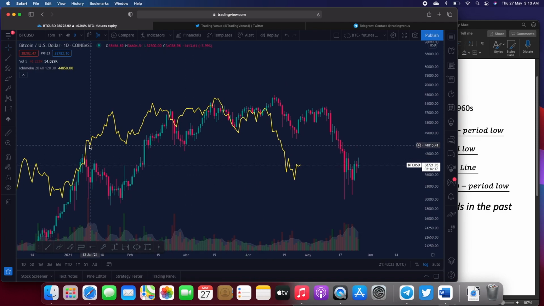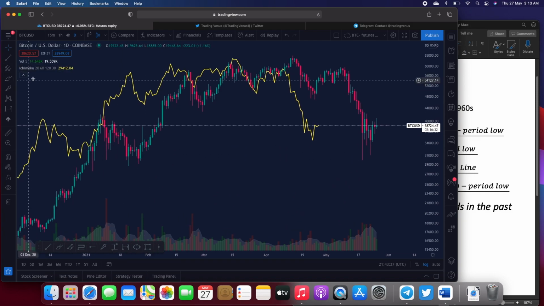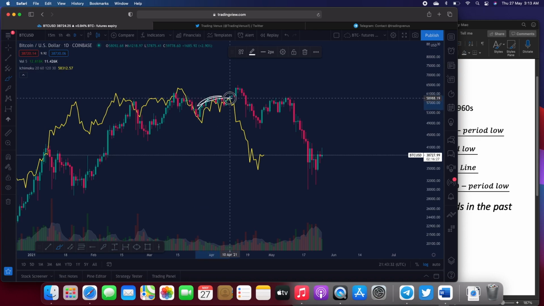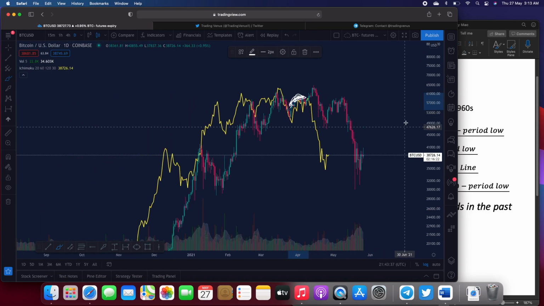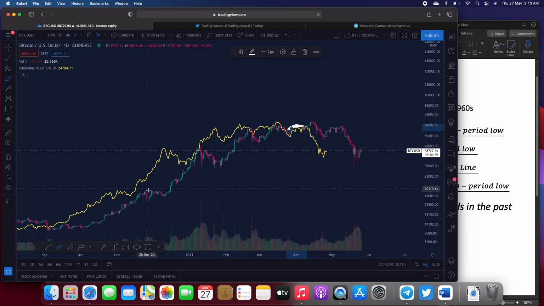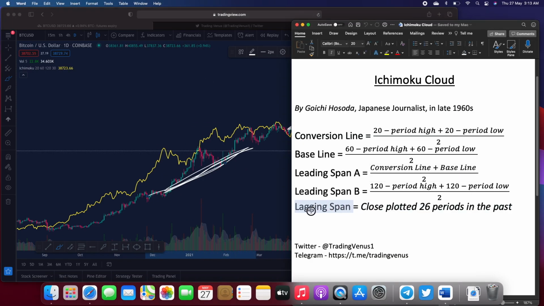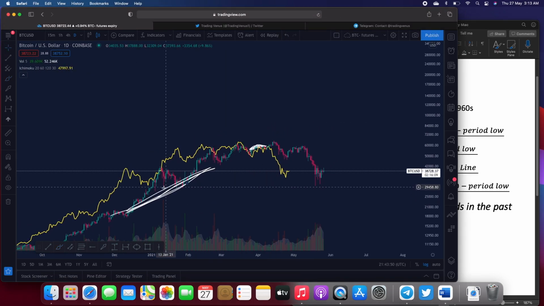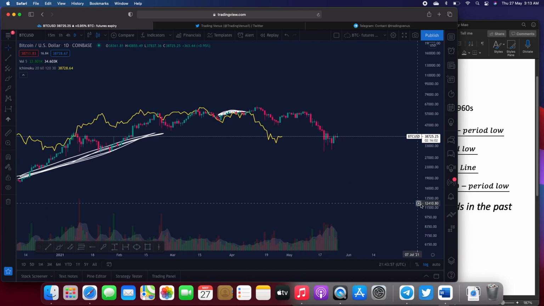How we use it is: whenever the price is above the line, as you can see here, we know that there is weakness in the market, and whenever the price is below the lagging span line, we know that the market is strong, the price action is strong. So here also a crossover would signify something.